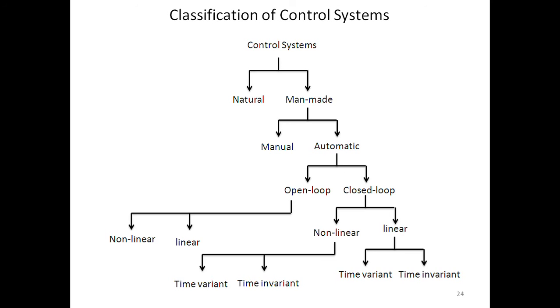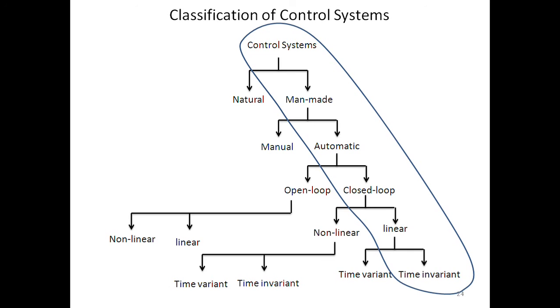Even closed loop systems we classified into non-linear and linear. In non-linear we classified systems into time variant and time invariant, and linear systems we classified into time variant and time invariant. So after this lecture we have to concentrate only on this section, that is linear time invariant control systems.